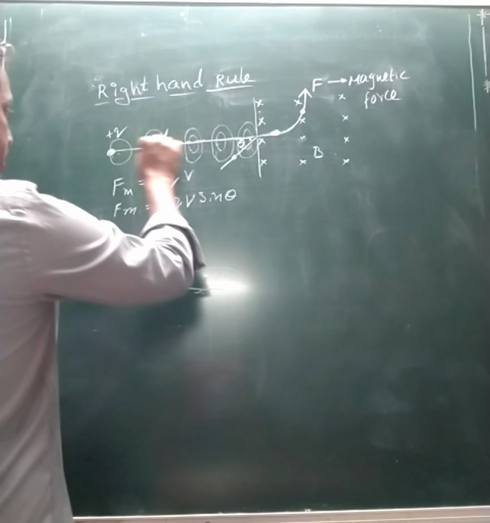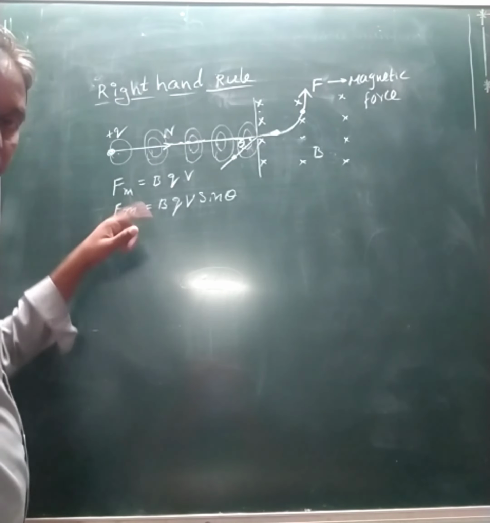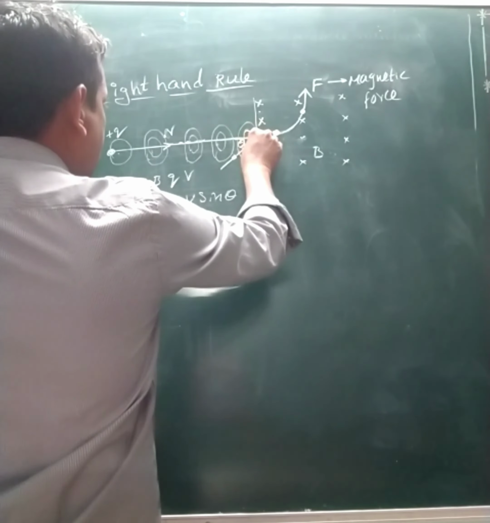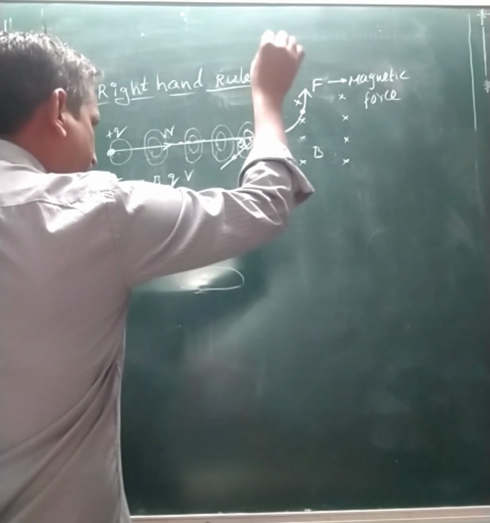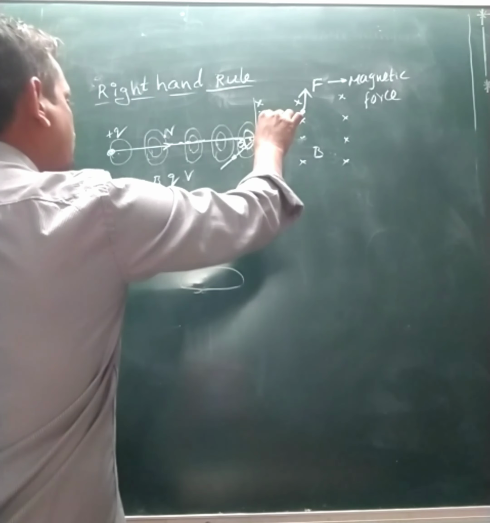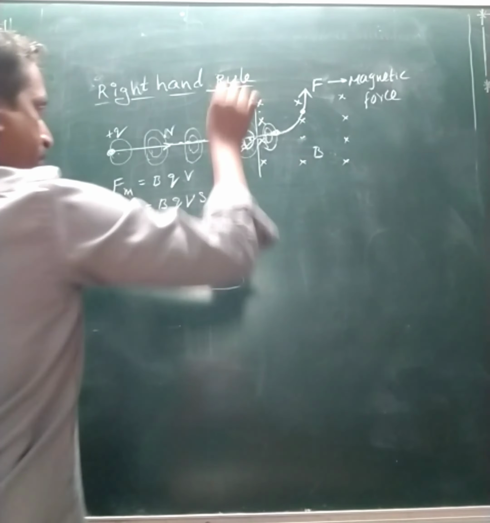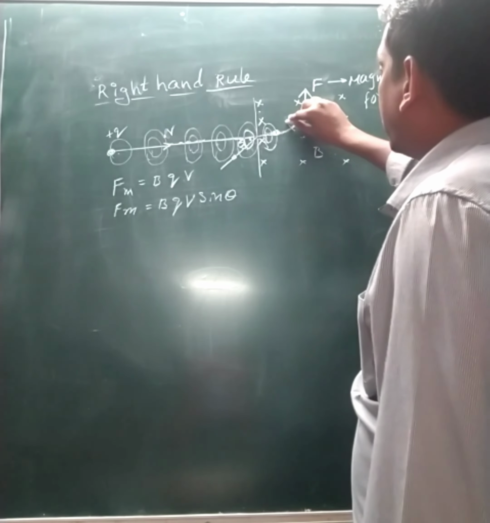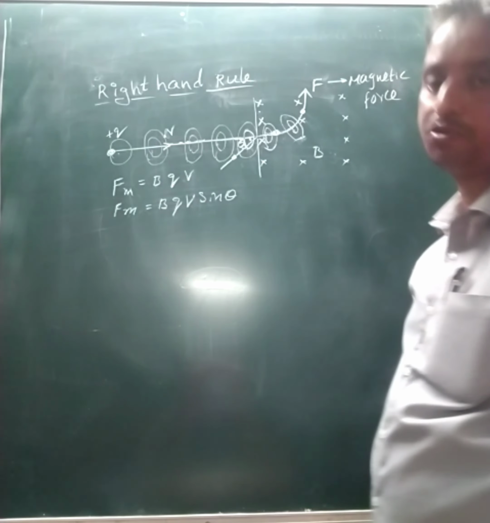When charge is in motion, magnetic field lines are developed around it. So around this also magnetic field lines are developed. Now here already a magnetic field is there, and due to the charge another magnetic field is there. So two fields are there, meaning automatically a force is acting on the charge. That is the meaning of this.